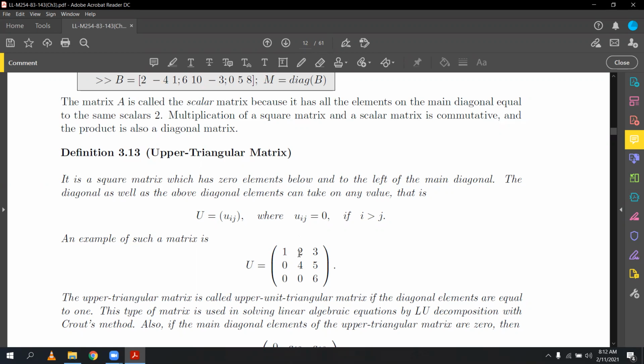But if the upper part is not 0 and the below part is completely 0, then we call it the upper triangle matrix. If, for example, 3 becomes 0, no problem, still we call it upper. We mean at least one of the upper should not be 0, then we call it the upper triangle. But below, all should be equal to 0.